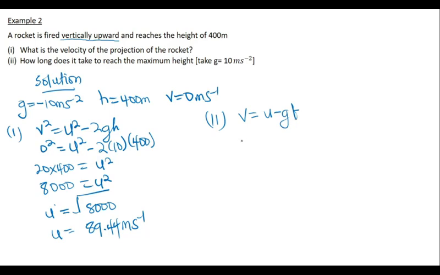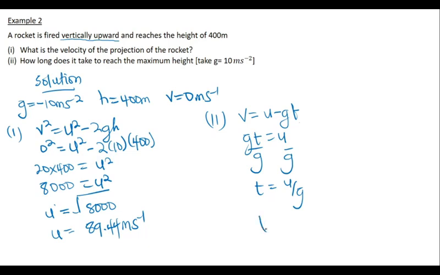So it means our GT is equal to U, which we have over here. All right, let's go ahead and make T the subject. So we divide both sides by gravity, and then we get our time to be U over G, as I showed earlier on.